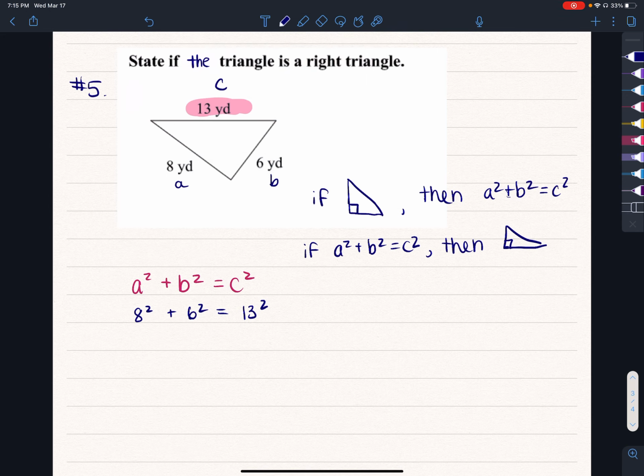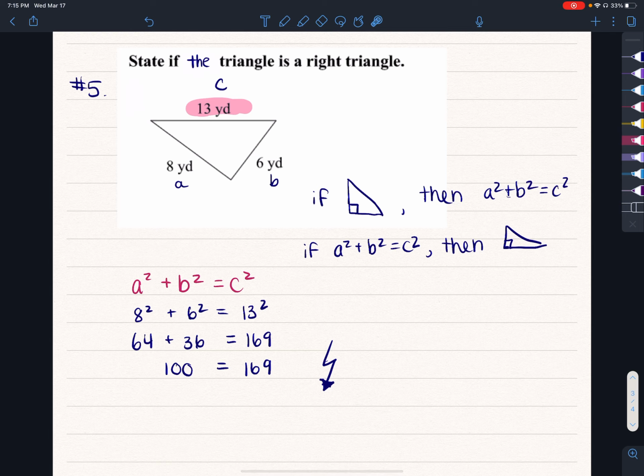So we get 64 plus 36 equals 169, and 64 plus 36 gives us 100. And this is not true. So you can put the very mathy, most satisfying symbol to use in math, this little lightning bolt.